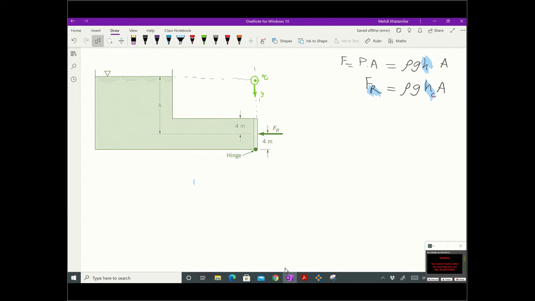Total height is h plus 1. And first, if h is times by 4, check out if you get the answers.